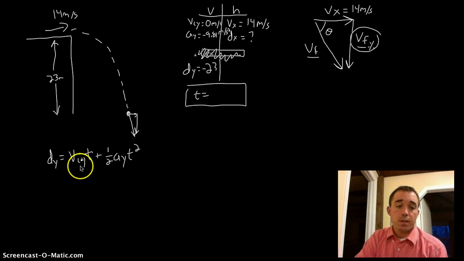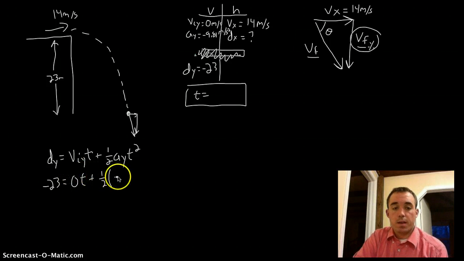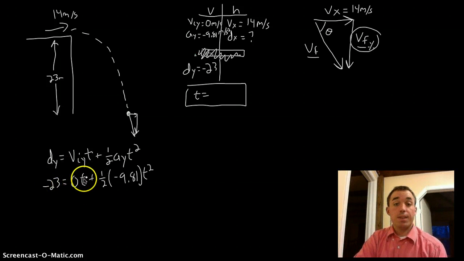But this is what we're left with, and when we start plugging in, our negative 23 equals 0t plus 1/2 times negative 9.81 times t squared. 0 times anything is 0, so this whole term goes away.